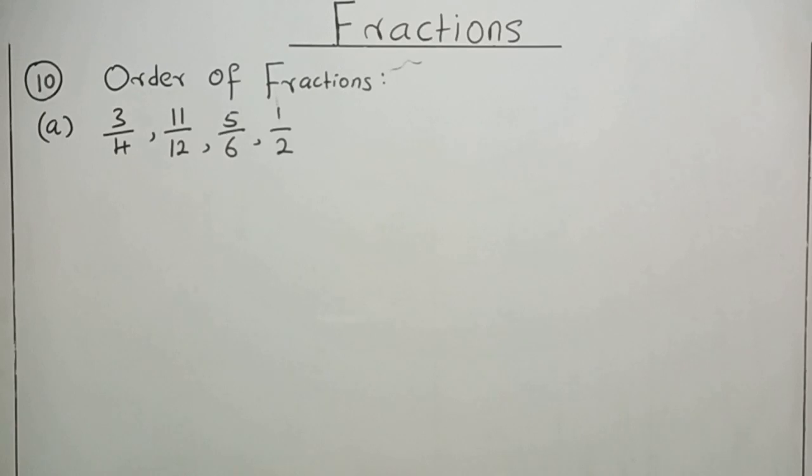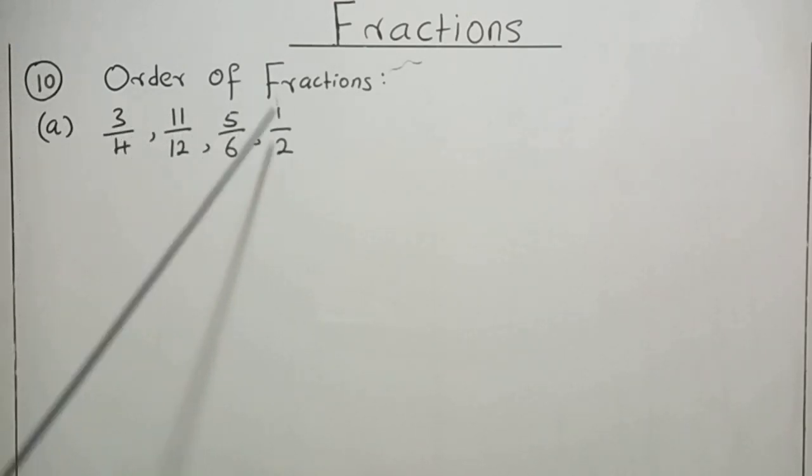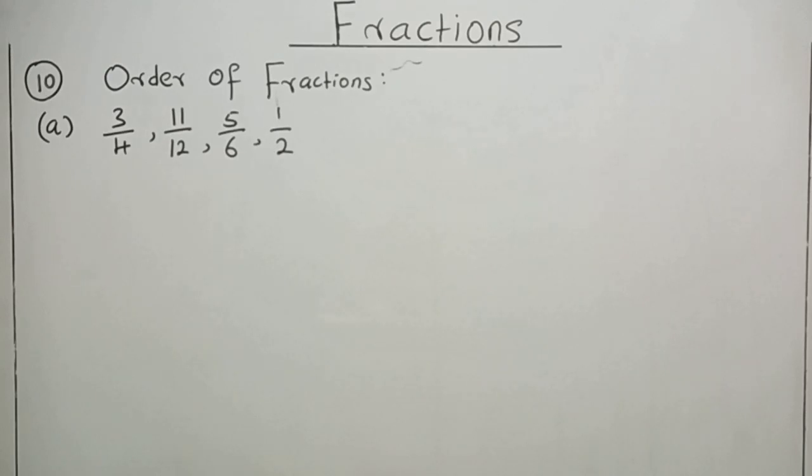Which of these fractions do you think is the highest in magnitude, that is, the biggest in size? Or do you think that all the 4 fractions are the same in size? Certainly, no. Therefore, we should tell which one is the smallest, followed by which one, followed by which one, and which one is therefore the biggest or the highest in magnitude.